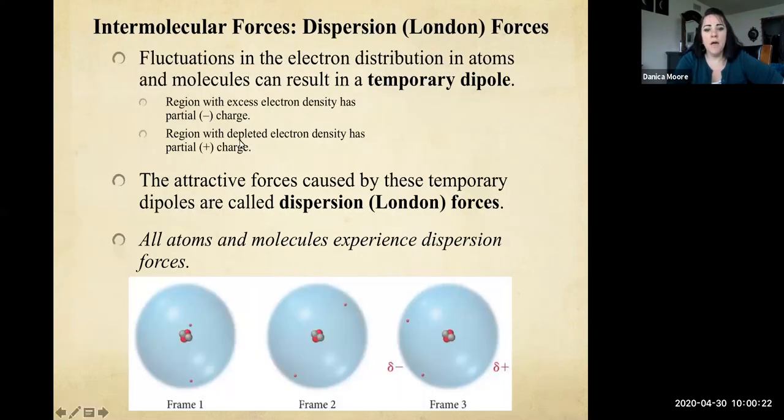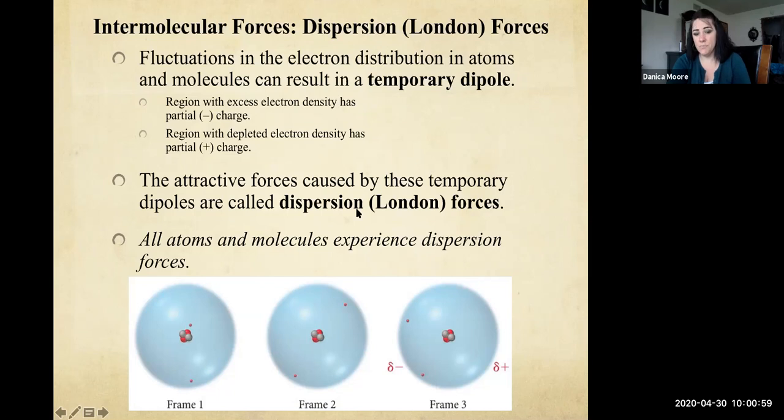And then we talked about London or dispersion forces. So we said that there's small fluctuations that can happen in terms of the electron positions from moment to moment. And we can have this temporary dipole created by the natural fluctuations in electrons. It's not necessarily the most energetically favorable configuration of electrons, and that's why it's temporary, but it is a possible way to have electrons congregate in one part of a molecule or atom to set up this temporary dipole.